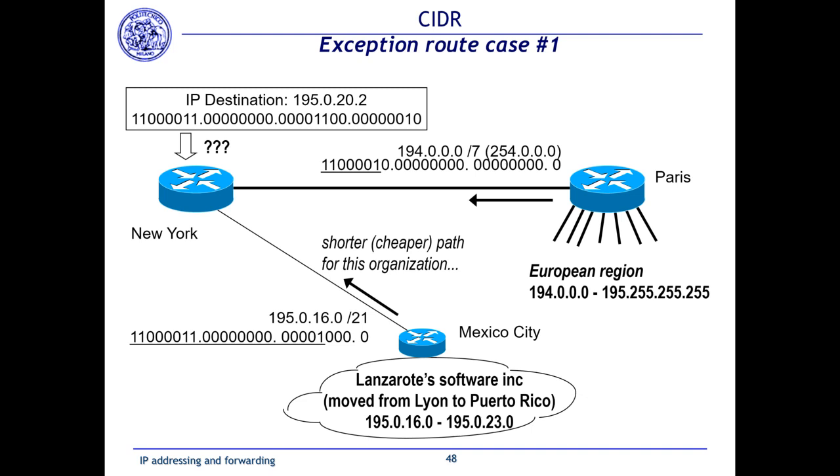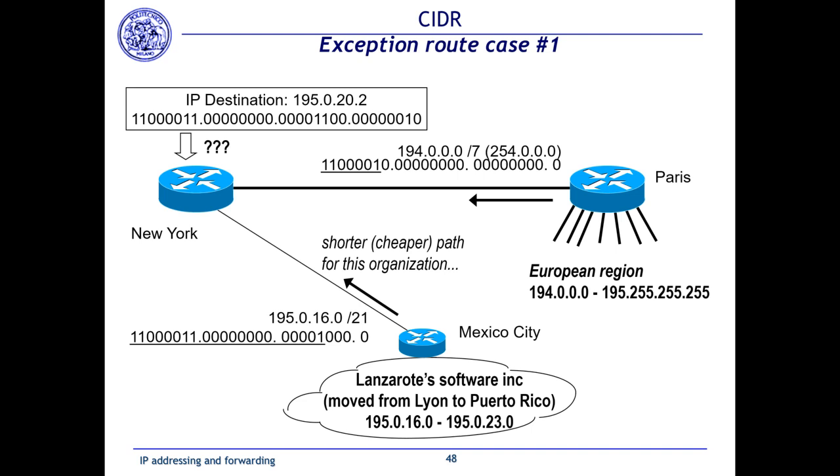In order to avoid this, we can create an exception routing entry in the New York router. In this router, there will be another entry that is a subnet of the network of the European region, but with the indication of a different output interface where to send the packet.